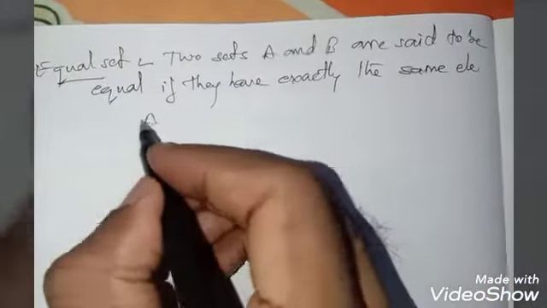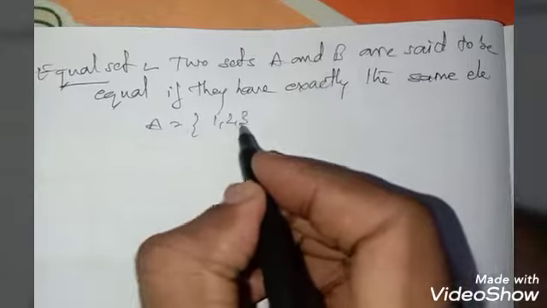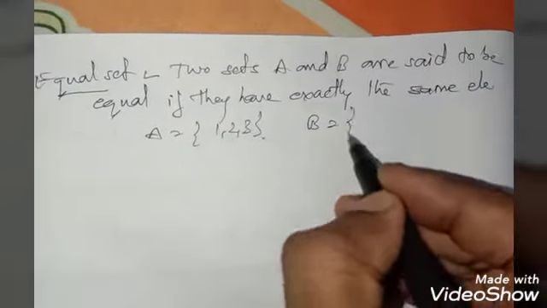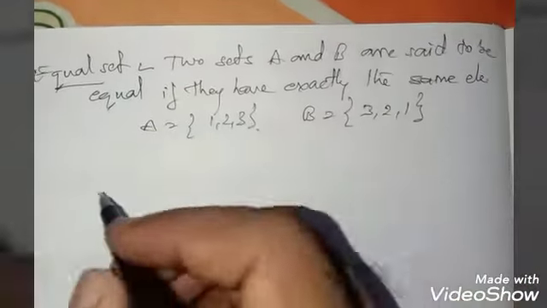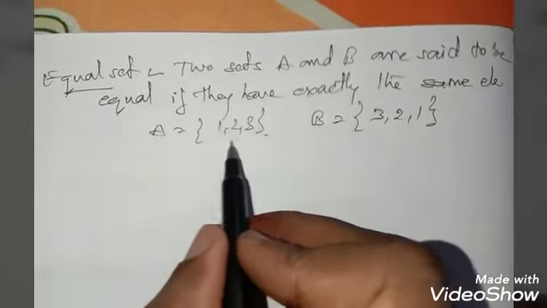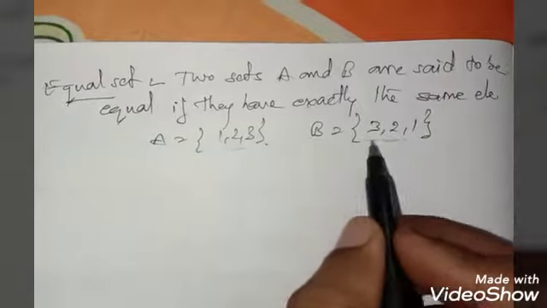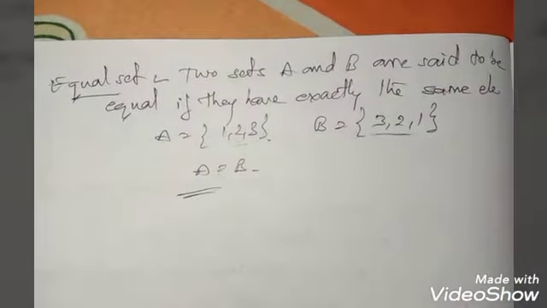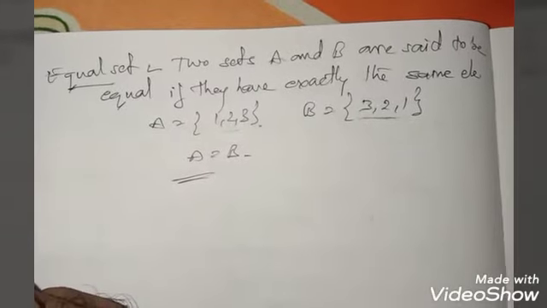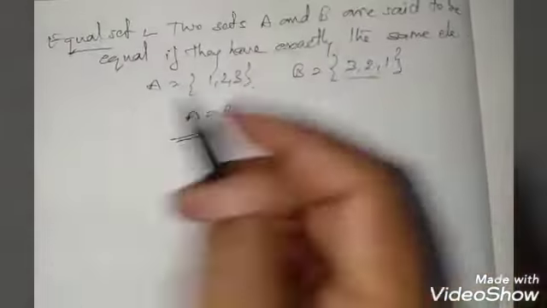Right, for example, if I take A is equal to 1, 2, 3 and B is equal to 3, 2, 1. Here whatever elements consist in A are also in B. So we can write A is equal to B. Like this we identify whether the given sets are equal or not equal.